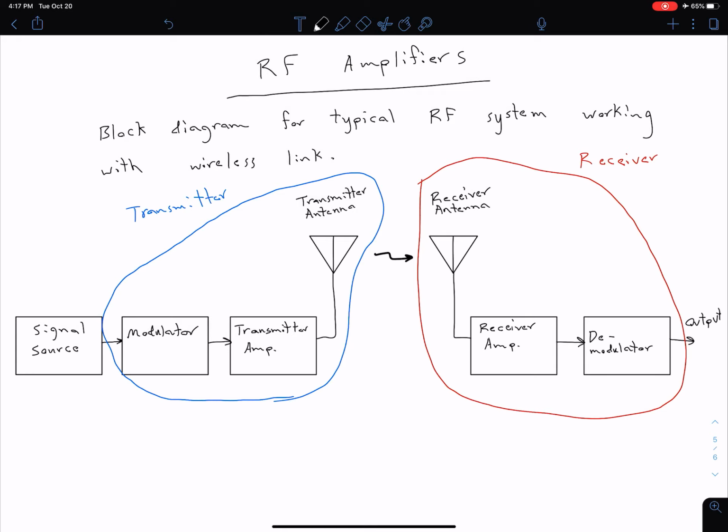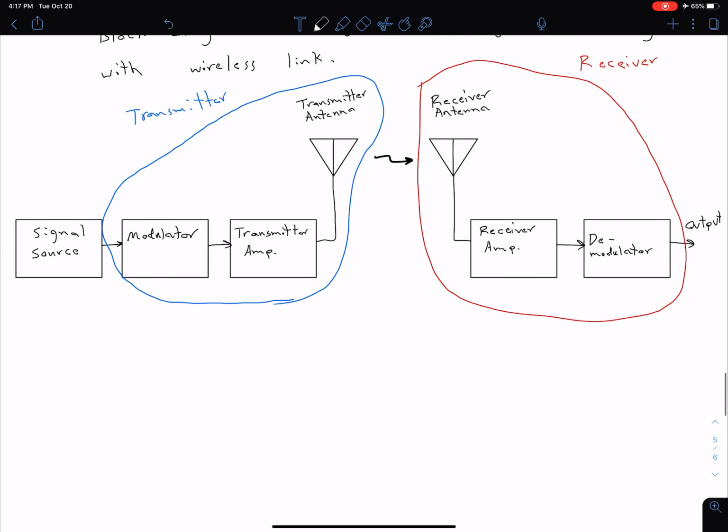But before we do that, I want to mention that there are several examples of wireless communication systems that use some variant of this block diagram.